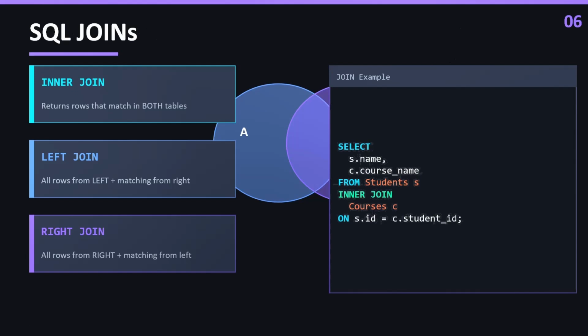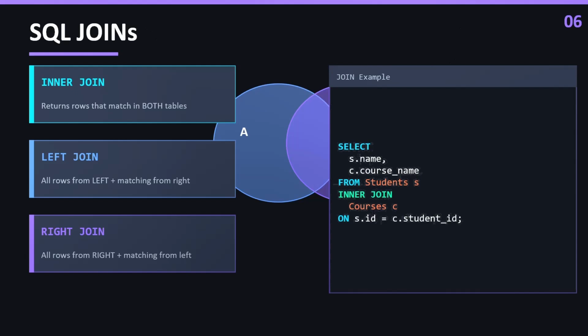Here's a simple example. Select from the student table, take it as S, inner join courses, and take it as C. So we join the student table and the courses table using student ID, on s.id equals c.student_id, and we retrieve s.name, c.course_name.